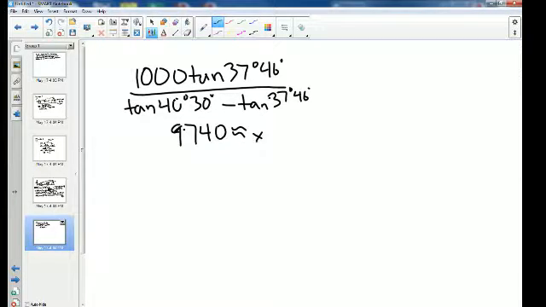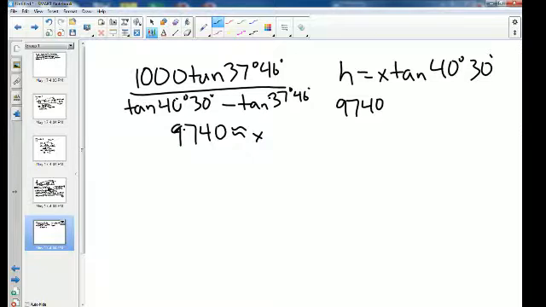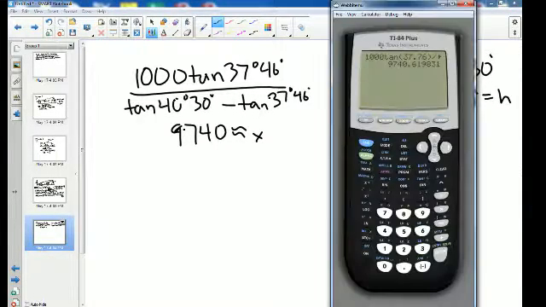Yes. Okay. So now to find the distance of h, we'll have to also use x. So h equals x tan 40°30'. Okay, so x, which equals 9,740, multiplied by tan 40°30', equals h, and then let me get the calculator up.